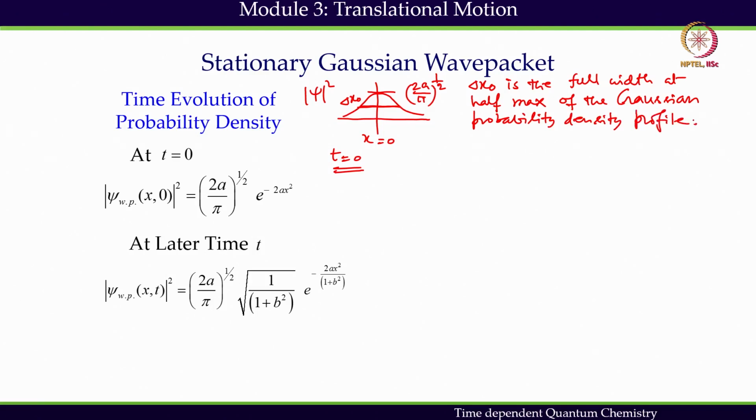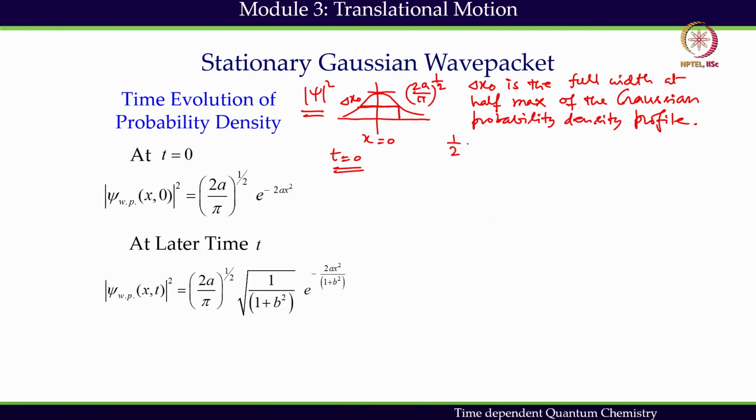It is not the wave function, it is the probability density full width half max. We have to remember that. It is not the wave function full width half max, it is not that. It is the full width half max of the density profile.